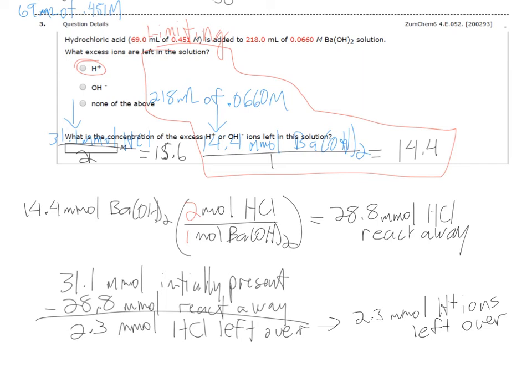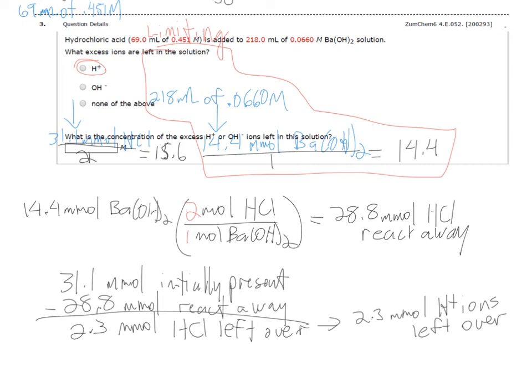You could see the case where there's a diprotic acid, that is a 2-proton acid, reacting with barium hydroxide, and if you have 2 hydrogen ions within that formula, then you would have to account for that in your calculations. But in this case, we don't have to worry about that. So we've got 2.3 millimoles of hydrogen ions left over.